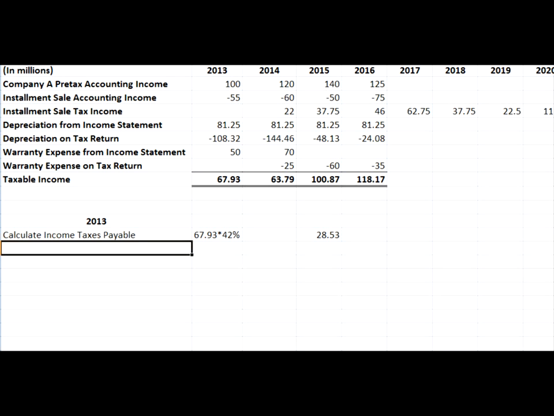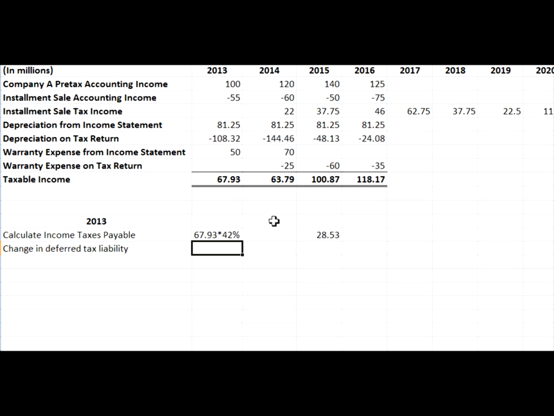So now we need to do our change in deferred tax liability. So the way we're going to do that, the change would be here, because remember, this is our accounting income, and this is what we got from installment sales, so we didn't actually get that.